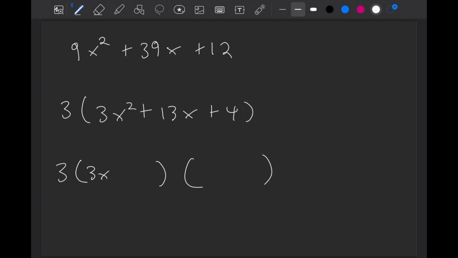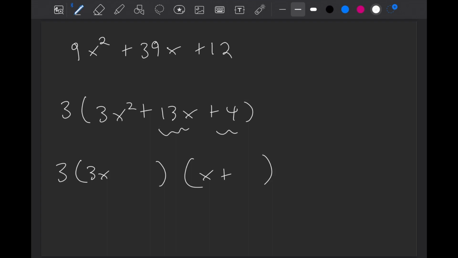So I'll put a 3x and an x, and then I'm looking for numbers that multiply to get 4. I would have two options: plus 2 and plus 2, or plus 4 and plus 1. I'm going to try plus 4 and plus 1 because we know we have to get to 13.